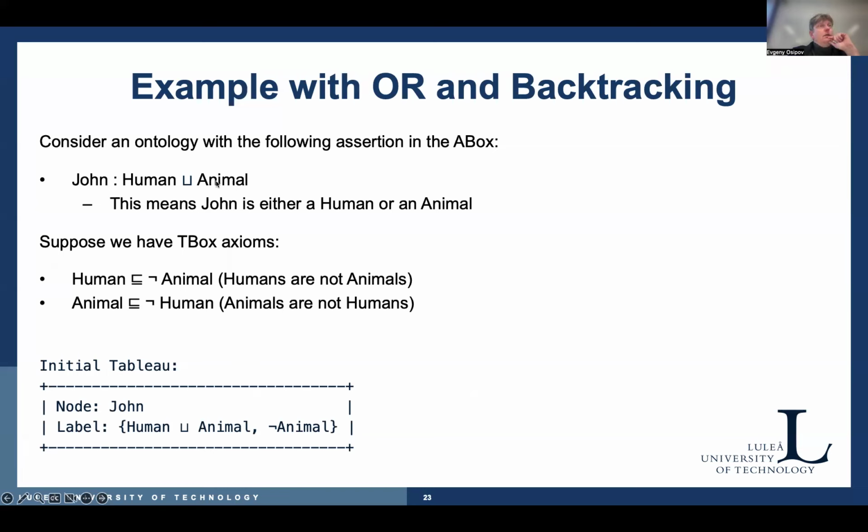That is the assertion you write, and then in the knowledge base we have these clear rules that humans are not animals and animals are not humans.